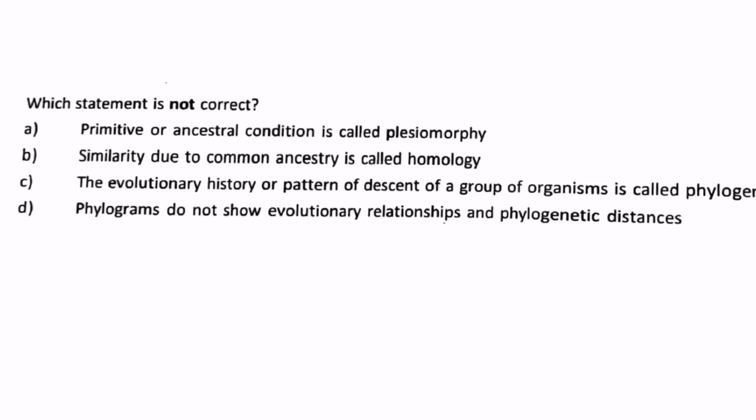Mark the one which is not correct. Well, clearly option A and B are true facts. Also, C is true. If we know what is phylogeny, then phylograms obviously will be the ones which actually show evolutionary relationships. So, option D is not true, which will be our answer.